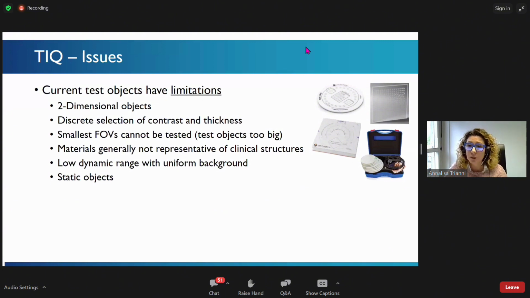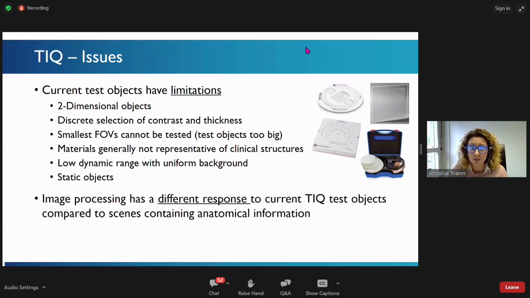They are mostly 2D objects. They are static objects. Normally they are large, so the smallest field of view cannot be tested. Contrast and thickness don't vary continuously, but in a discrete way. Materials are not representative of clinical structures, and that means the image processing has a different response to these test objects compared to anatomical scenes.